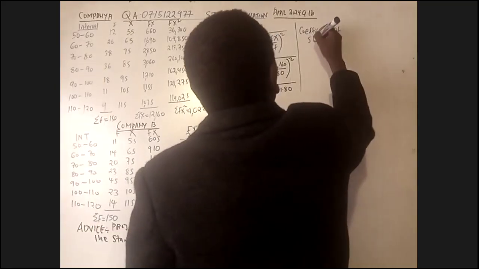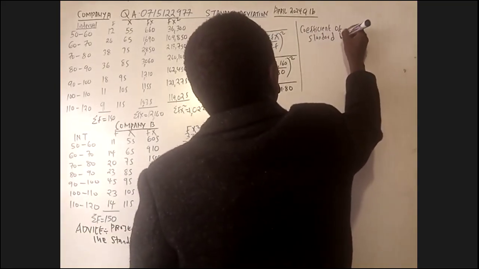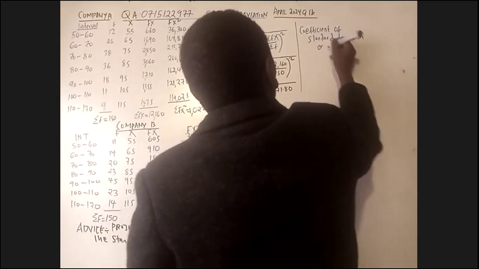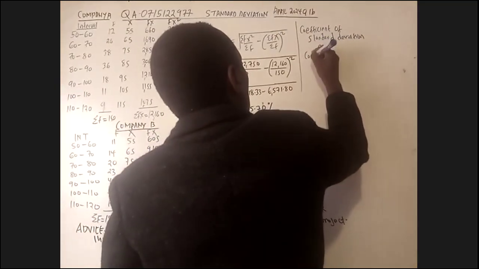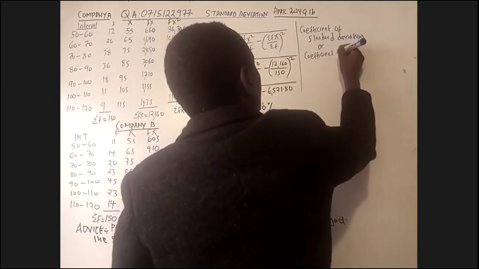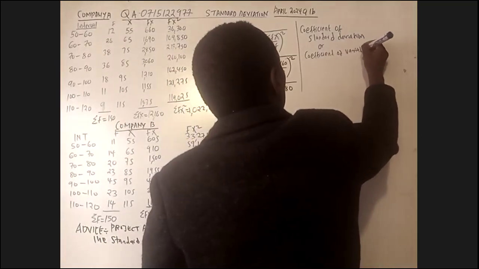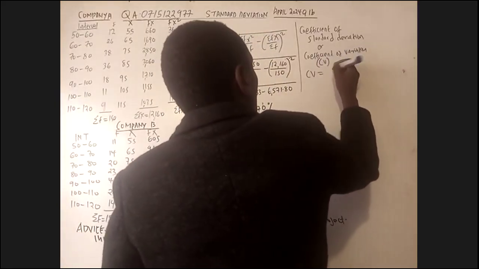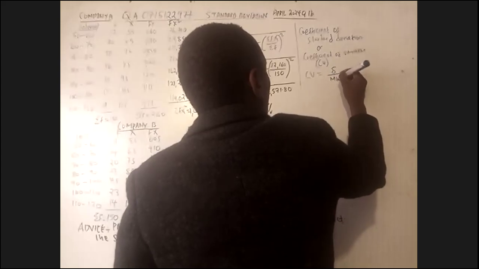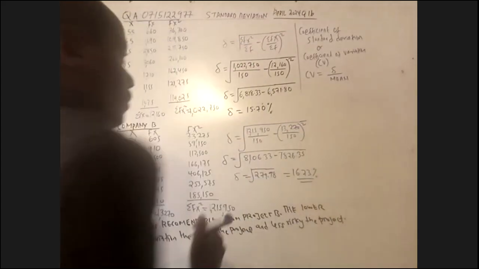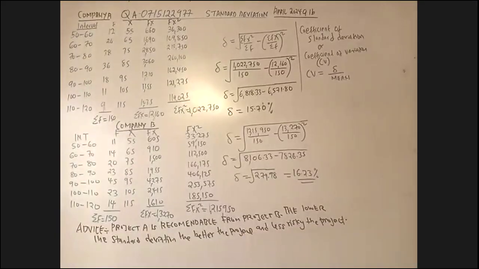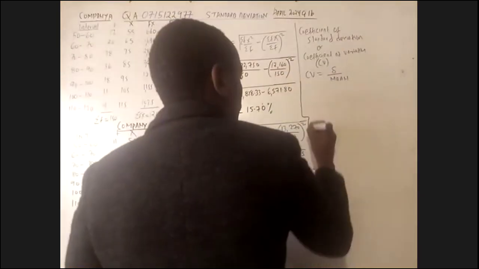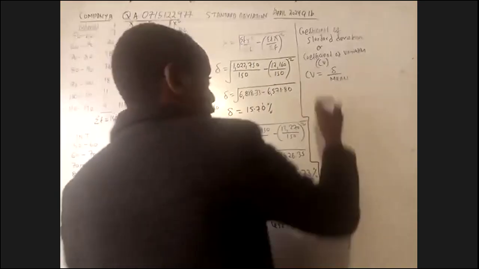CV is equal to the standard deviation divided by the mean. Definition: what is CV?